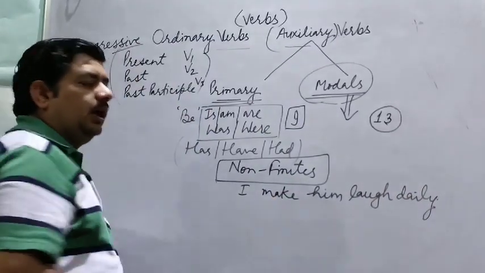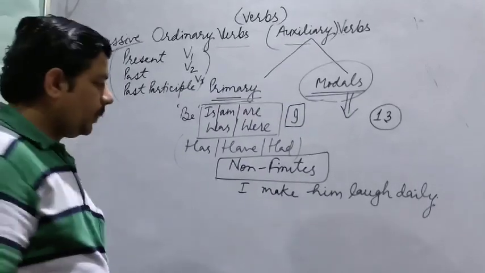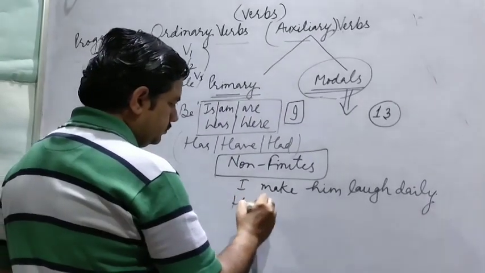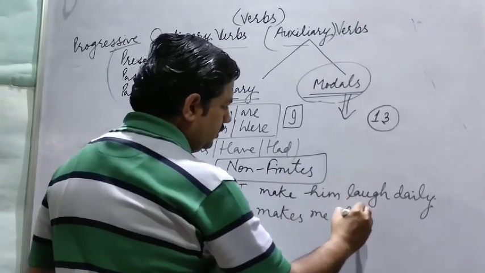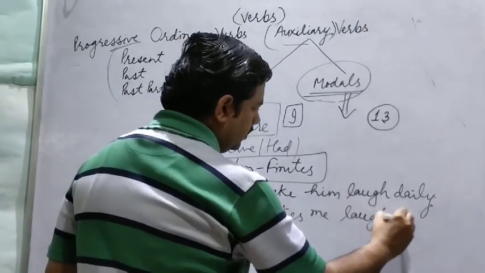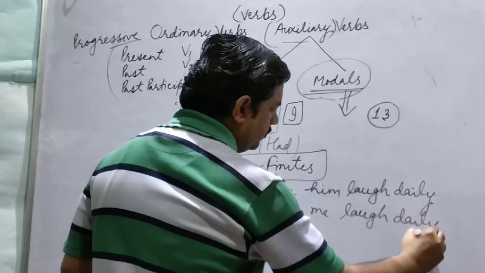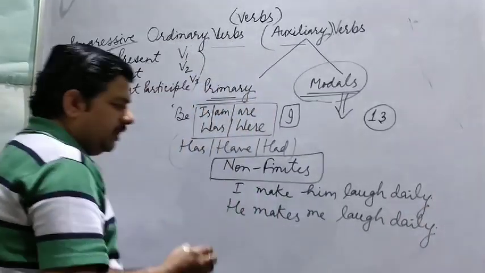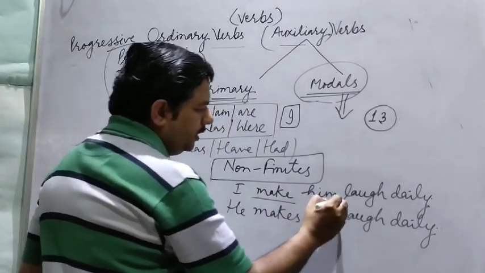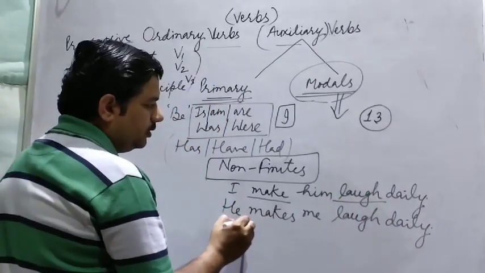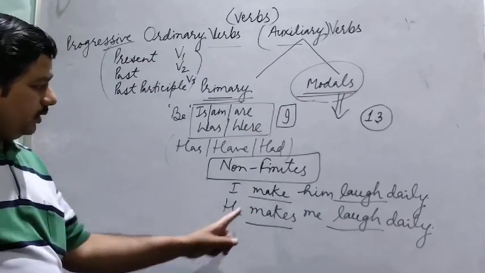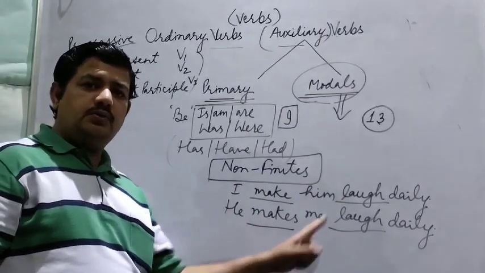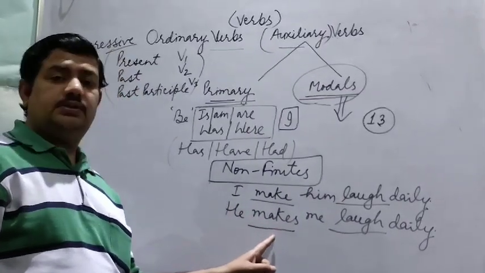I make him laugh daily. Next sentence. He makes me laugh daily. See, there are two verbs in each sentence: make, laugh; makes, laugh. And see in which verb there is some kind of change.